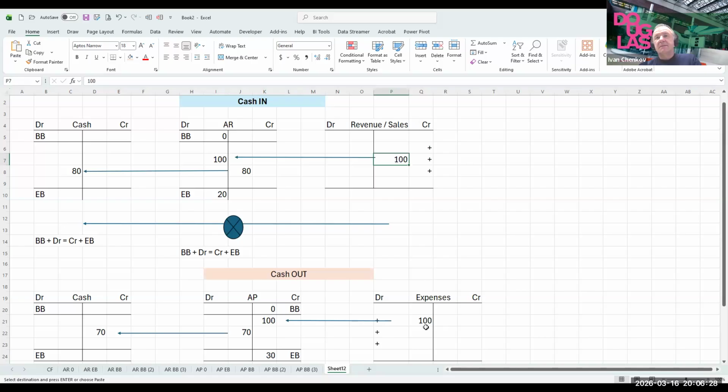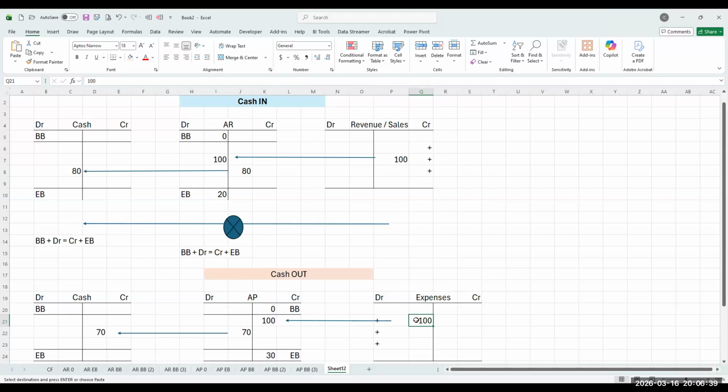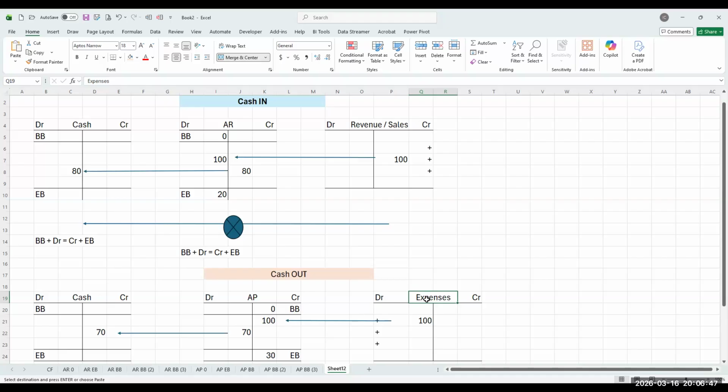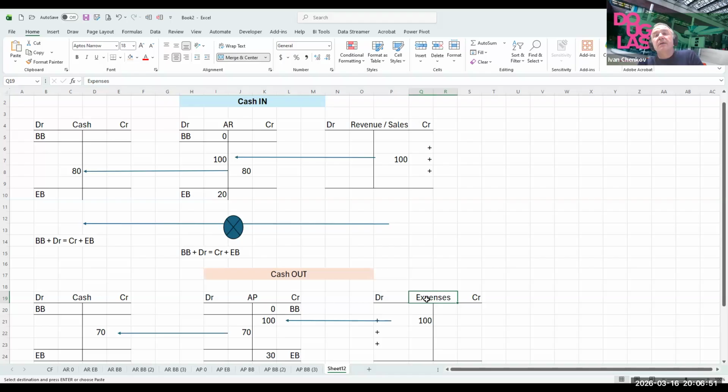Sales minus expenses, what is that going to give us? How much cash we have altogether? No. Only sales minus expenses. What's it going to give us? Revenue or how much you made? Net income. Okay. Make sense? Are we agreed that sales minus expenses is going to give us net income? I agree.